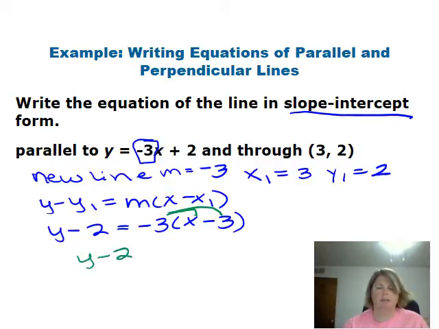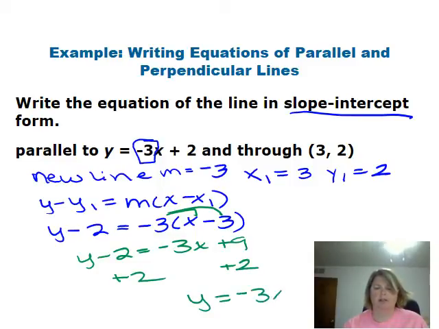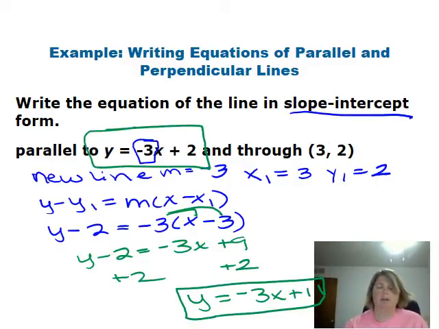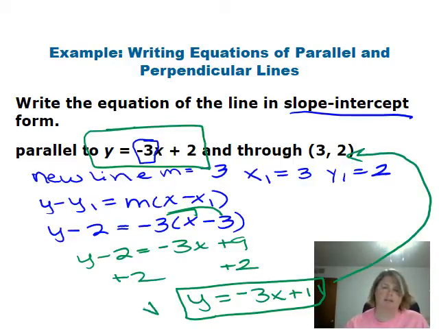So y minus 2 equals negative 3x plus 9. One more step, add 2 to both sides. So y equals negative 3x plus 11. So this line and this line are parallel, and this second line is going to pass through this point. And this is our answer down here.